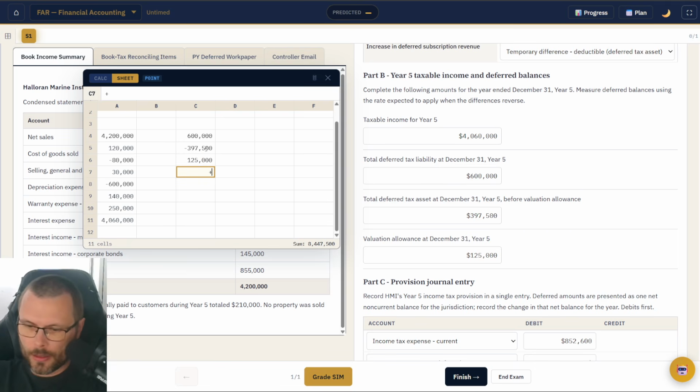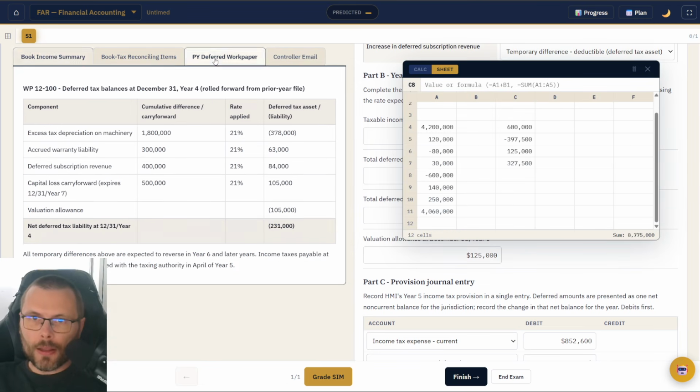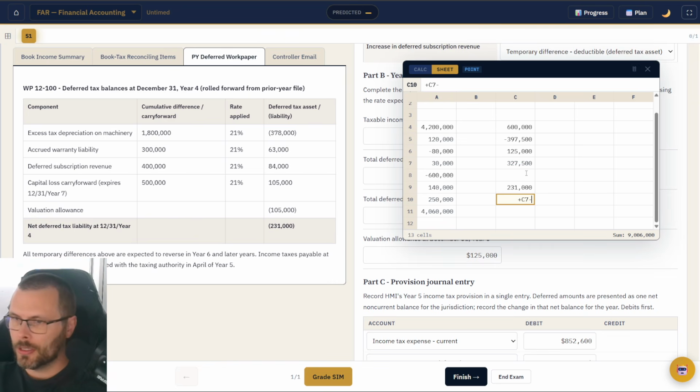You get 327,500, but in the prior year deferred work paper, there was a net deferred tax liability. This is a deferred tax liability as well. There was already a 231. So the change you need is the 231 up to the 327. That's your new balance. So what's the difference? It is 96,500.